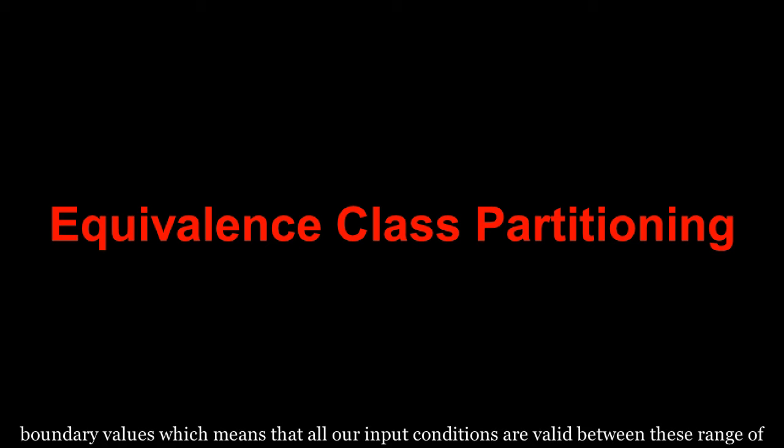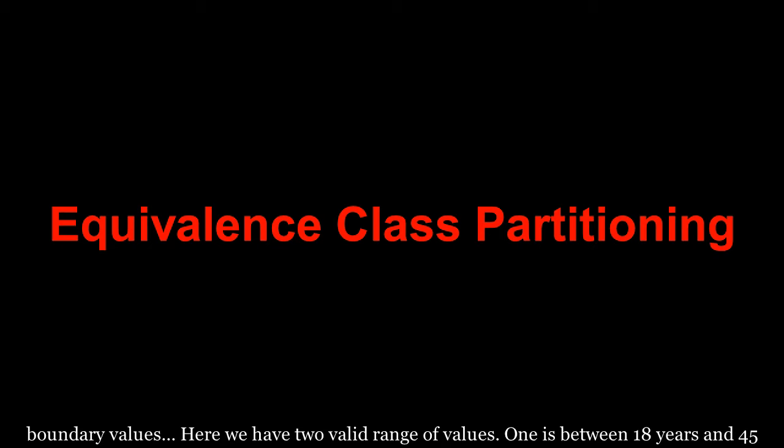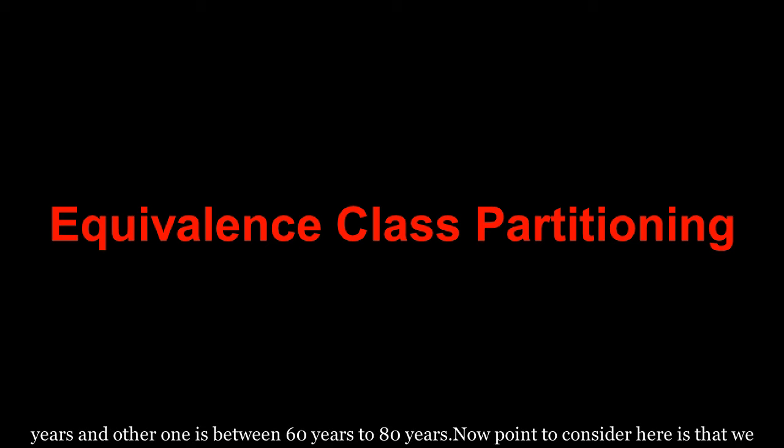Now you can clearly see that we do not have a particular boundary value. But we have a range of boundary values, which means that all our input conditions are valid between these ranges. Here we have two valid ranges of values. One is between 18 and 45 years and the other is between 60 to 80 years.